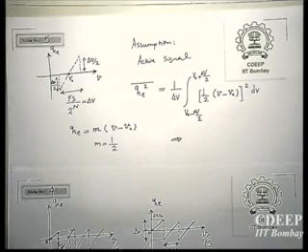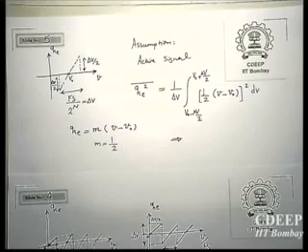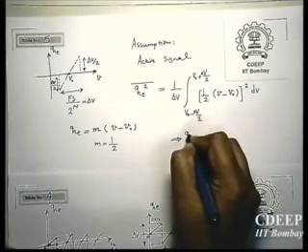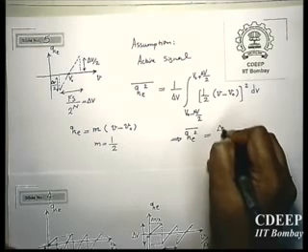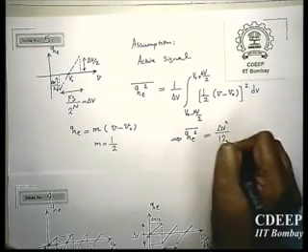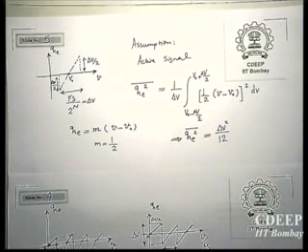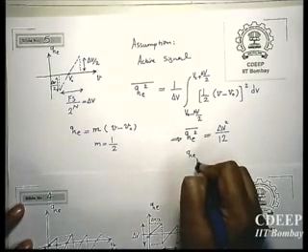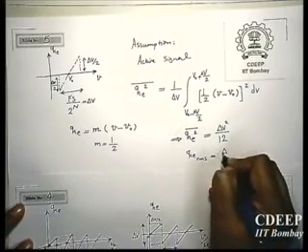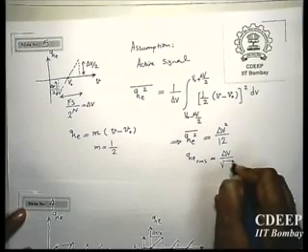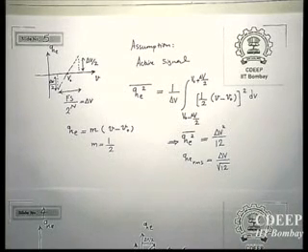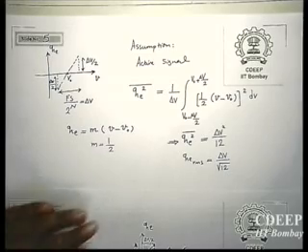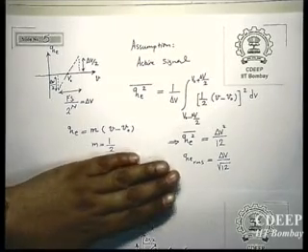Finally, the value you will get, just do it. And therefore the RMS value will be delta V upon square root 12.